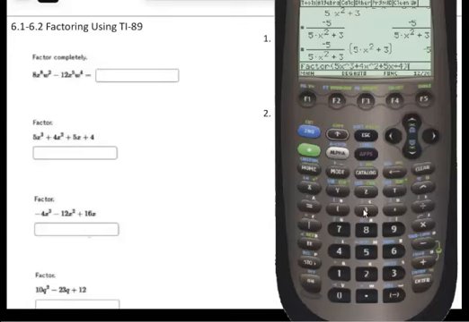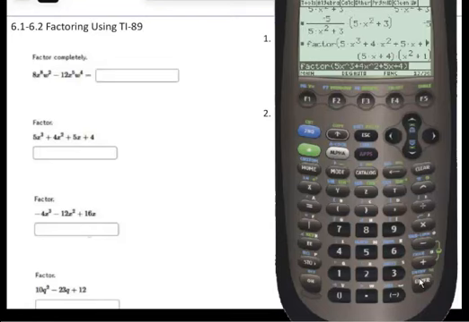You don't have to put parentheses or anything, just close out the parentheses on factor, hit enter, and it gives you your factors. So the two factors here would be 5x plus 4 and x squared plus 1.